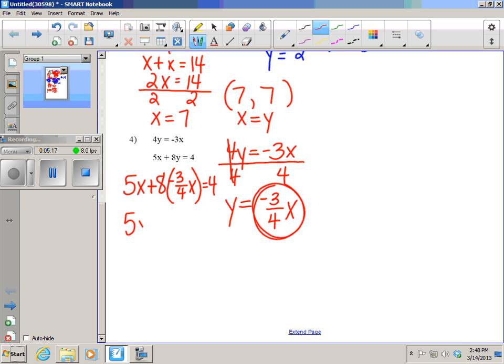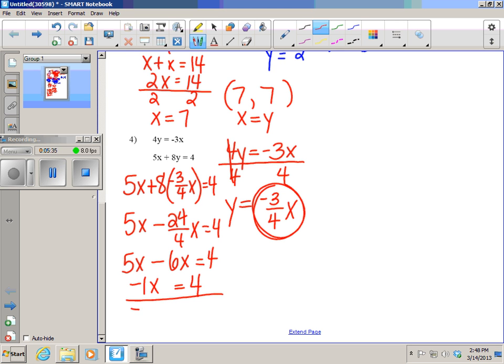I have 5x minus 24/4 x equals 4. Well, 24/4 is just 6, so 5x minus 6x equals 4. So I have a negative 1x equals 4. And if I divide both sides by negative 1, I get x is equal to negative 4.